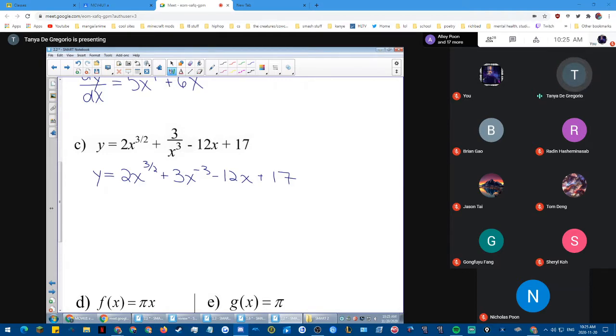Okay, who wants to try taking the derivative? Thank you, Effie. Go for it. Good. So 3 over 2 times 2 is the same as 6 over 2, and 6 over 2 is just 3. Very good. And then?